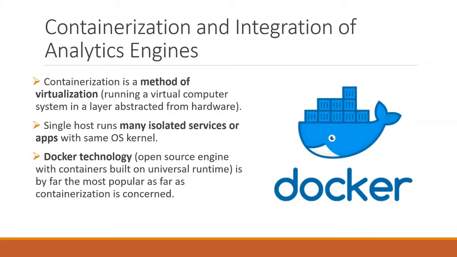Containerizing means wrapping an application with necessary libraries, dependencies, and config files needed to run effectively on different platforms. It is a method of virtualization where isolated apps run on a common OS kernel, and Docker is the most popular platform for containerization.